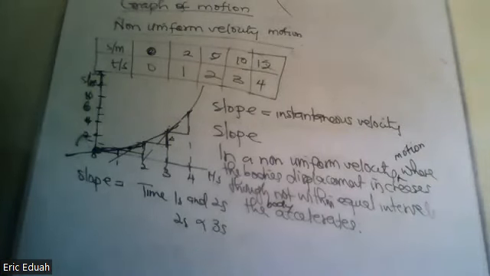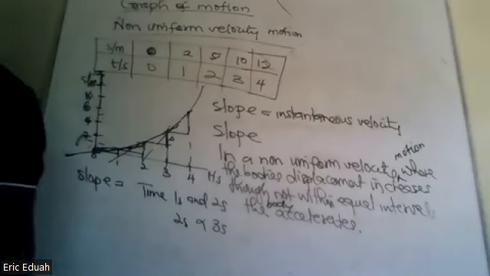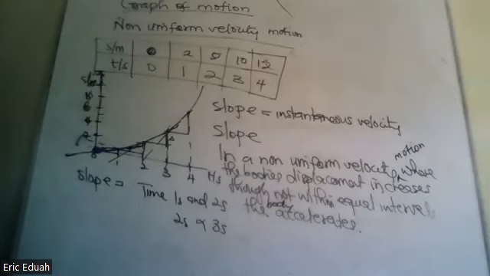So instantaneous velocity of a body is when the motion is non-uniform, and you can only determine the velocity of the body within a given time period or instant under a displacement-time graph.